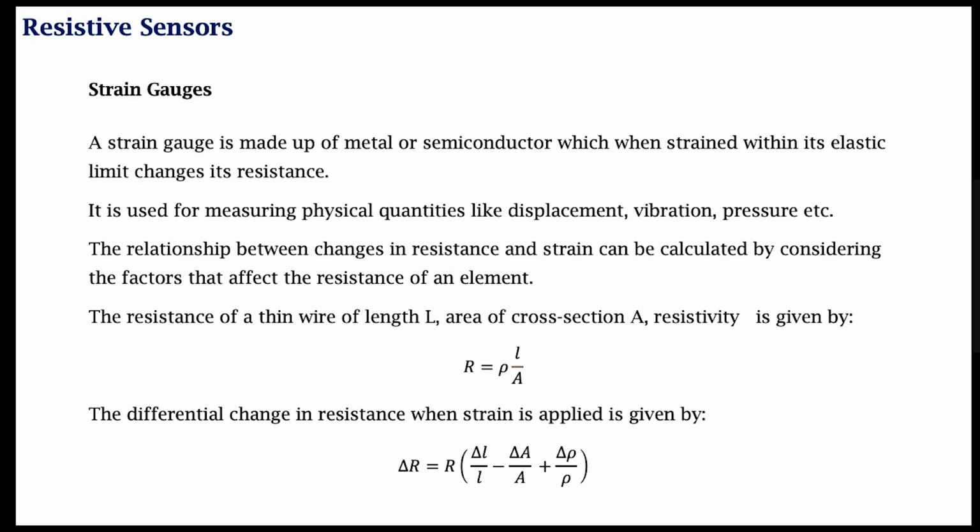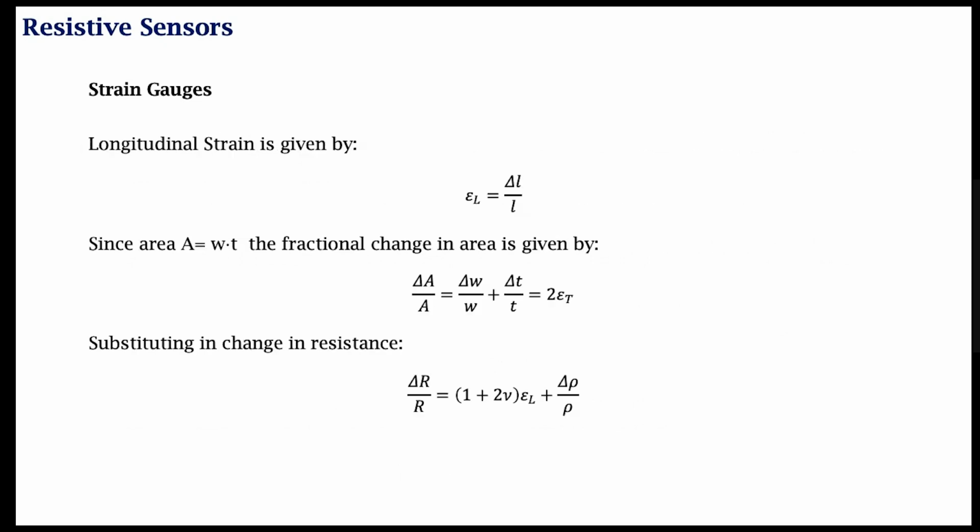Now, how do you measure this change in the resistance? What is the principle? Usually, as I mentioned in the previous class, we use bridge circuits for this purpose. In this case, we can use what is called a Wheatstone bridge. We'll discuss that in a little bit.